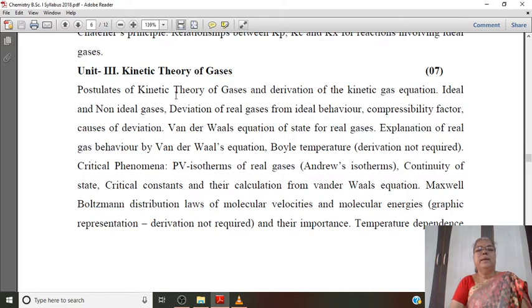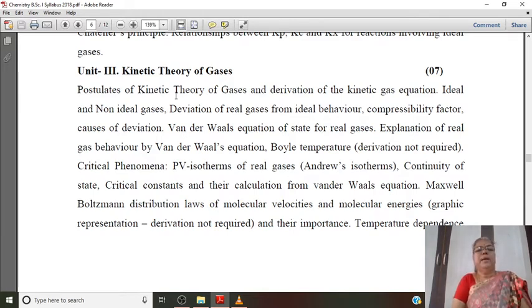Real gases show deviations from ideal gases, and ideal gases are the gases which obey the ideal gas laws. All of you know the ideal gas laws are Boyle's law, Charles' law, Avogadro's law, and Graham's law of diffusion.